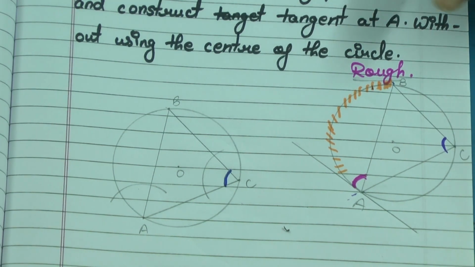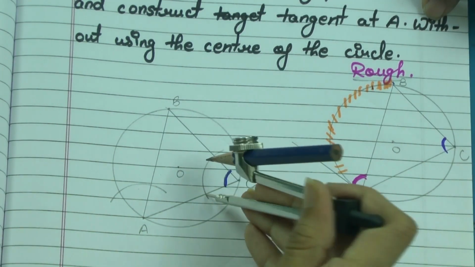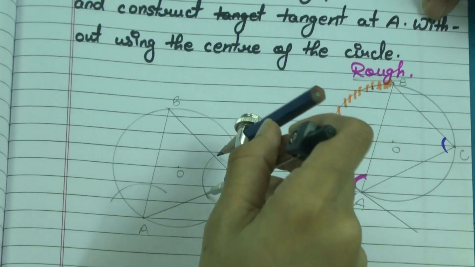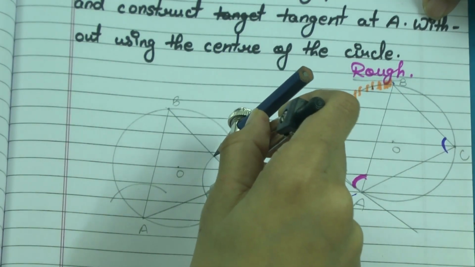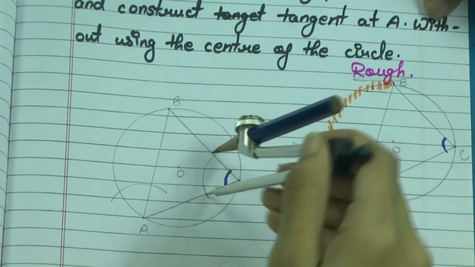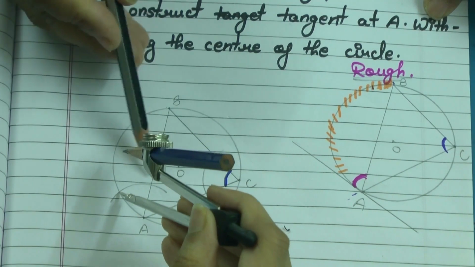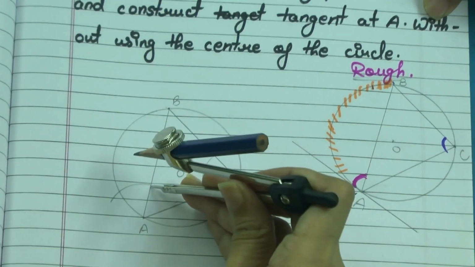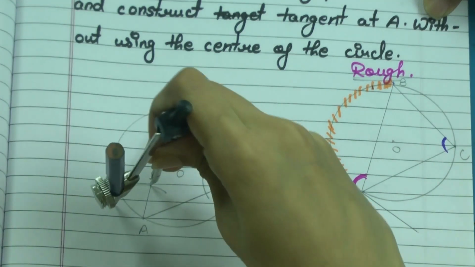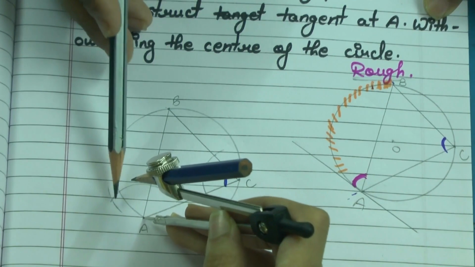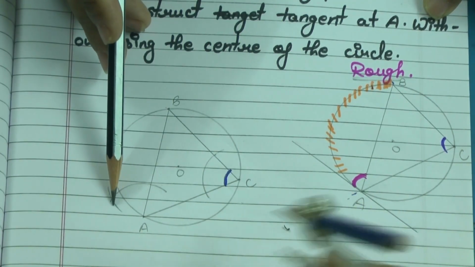Now keep your compass at angle C where the arcs are cutting both the sides of angle C. Now keep your pointer at this point here properly. Give an arc. So this arc has been intersected by this arc.